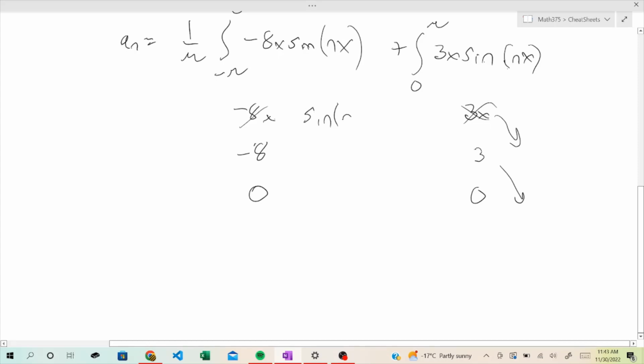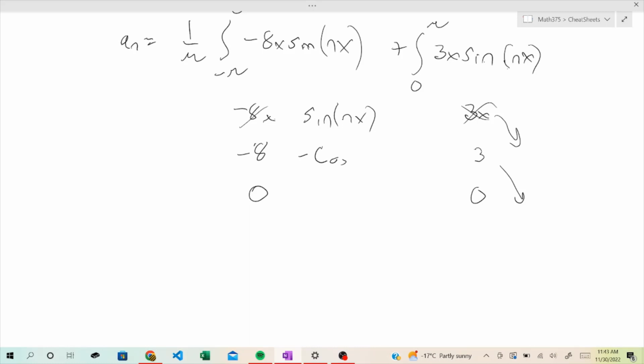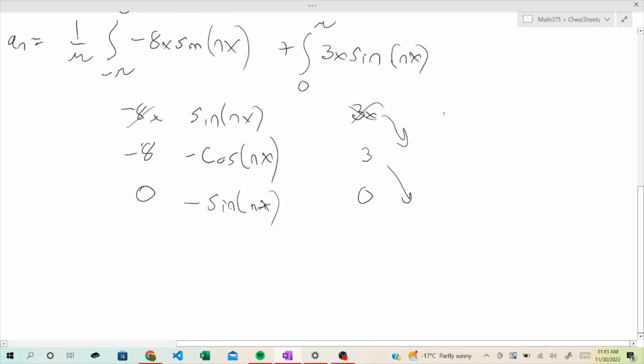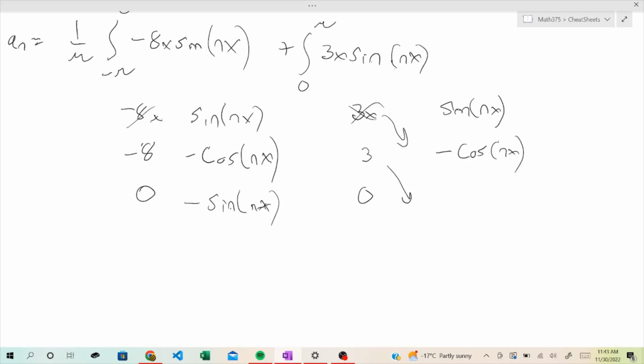This is sine nx, negative cosine nx, and then negative sine nx. Sine nx, negative cosine nx, and negative sine nx over n squared.